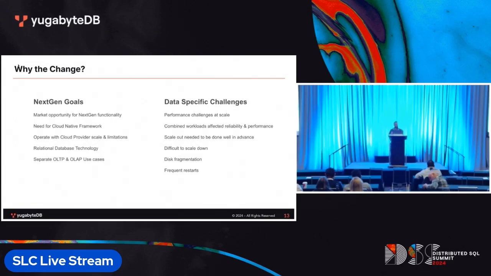So some of the data specific challenges, which I'll go through in another slide as we get further on here, is we originally chose MongoDB as a universal data store early on in our startup journey. This provided easy access. We made it very simple for developers to integrate with MongoDB.